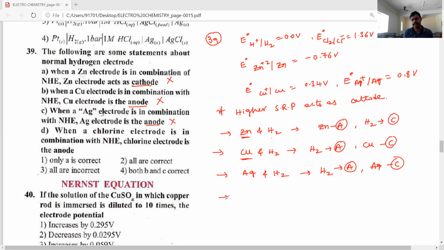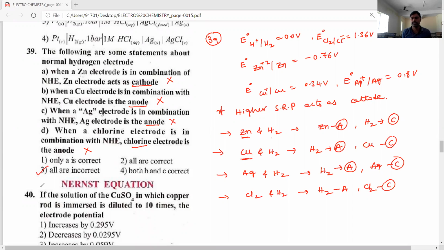So automatically when comparing chlorine and hydrogen, hydrogen is anode and chlorine is a cathode. Now when combined with chlorine electrode, they gave that the chlorine electrode acts as an anode. The chlorine electrode does not act as anode, it acts as a cathode only. So the fourth statement also is wrong. So all the given statements are incorrect. So the answer is the third one.